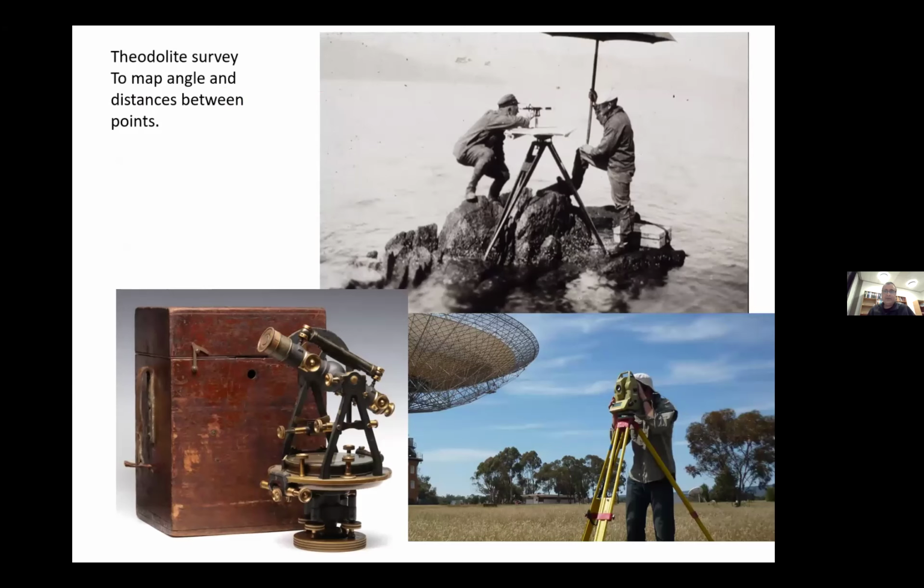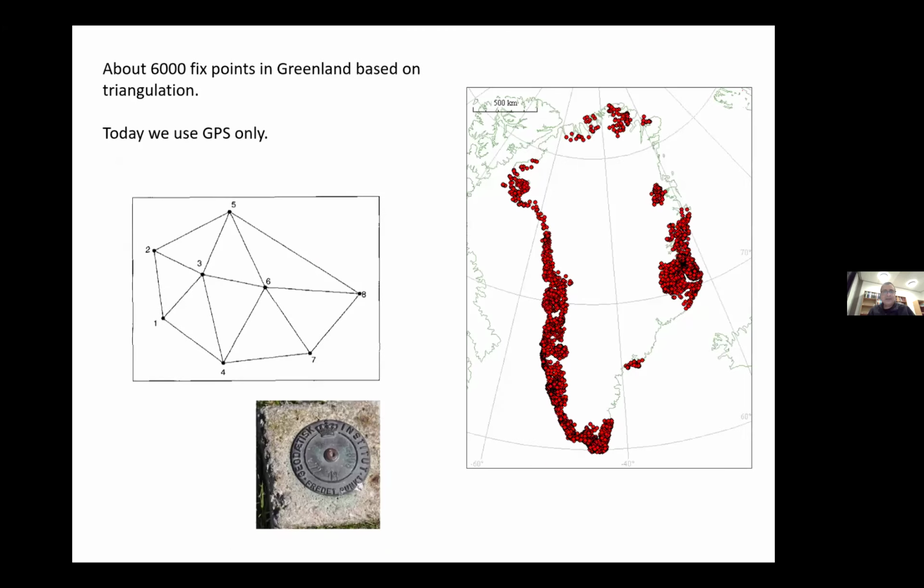The survey on the ground was, for instance, conducted using a theodolite, and you can also have a more modern version of a theodolite. They are used to map distances between points and angles. The map here with all the red dots shows fixed points.